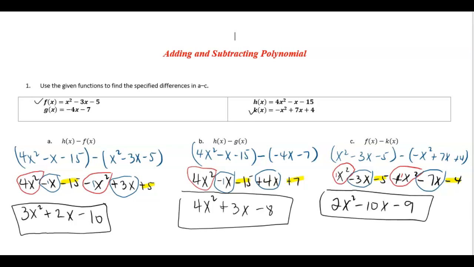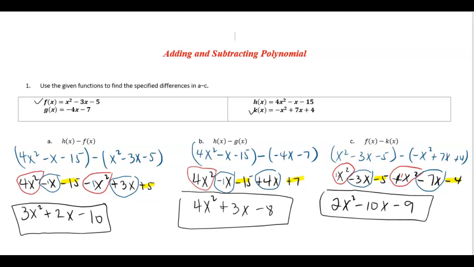Okay. So when you're adding and subtracting polynomials, it's just a matter of combining like terms. Okay. Remember, a like term is a term with the same variable and the same exponent. Okay, same variable, or in other words, the same letter and the same exponent. So that's what your like terms are. So that's the thing you can combine together.